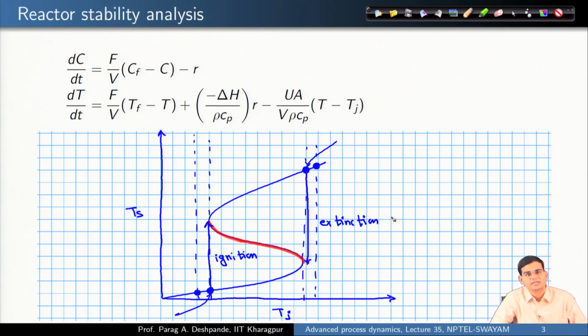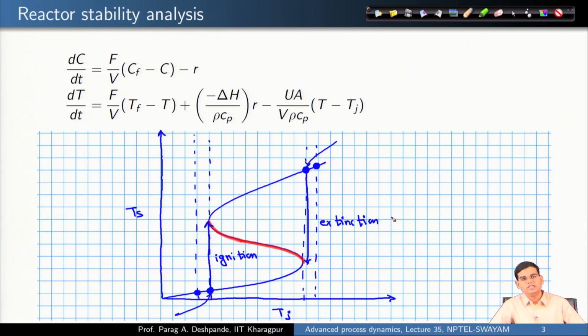So, what we saw today is that when you have nonlinear dynamics, when you have a CSTR which is operating under diabatic condition, you may experience dynamics which would be non-intuitive.